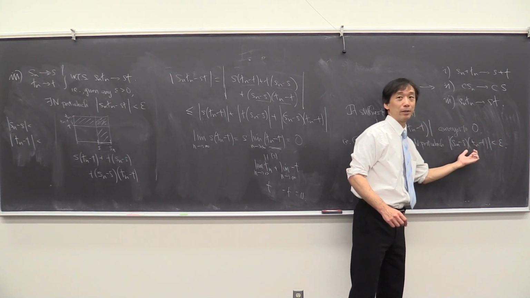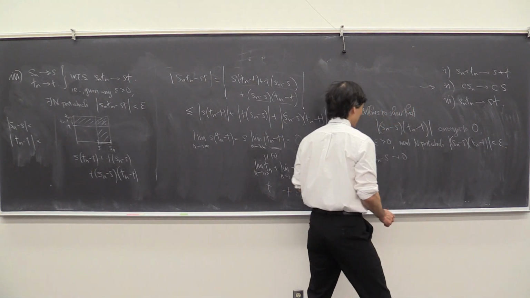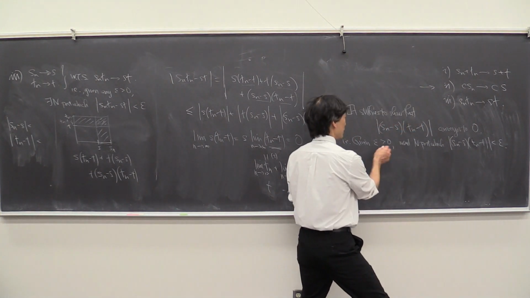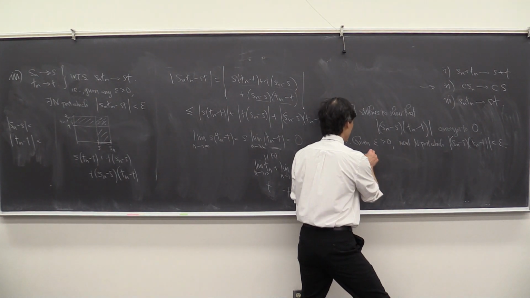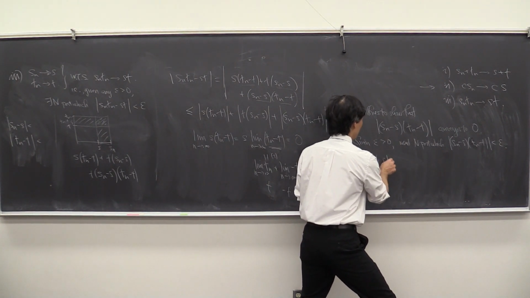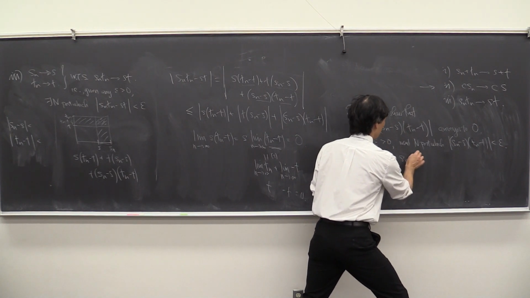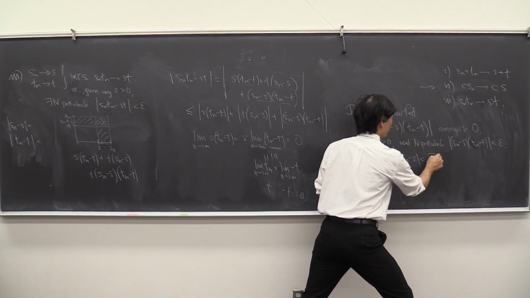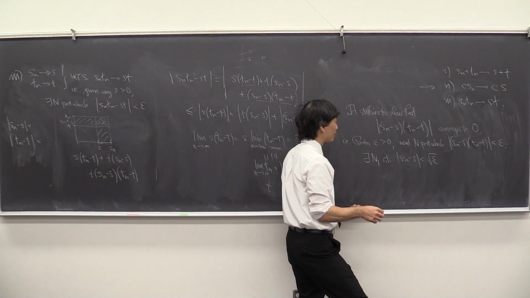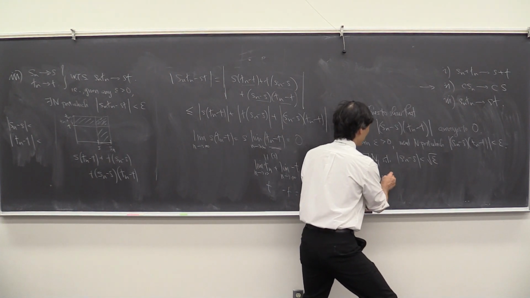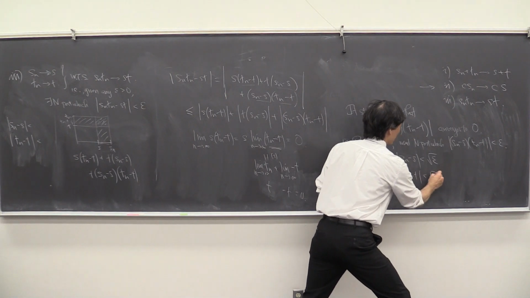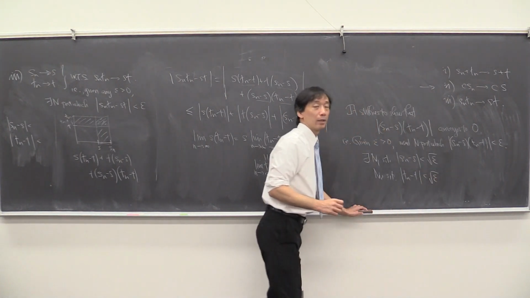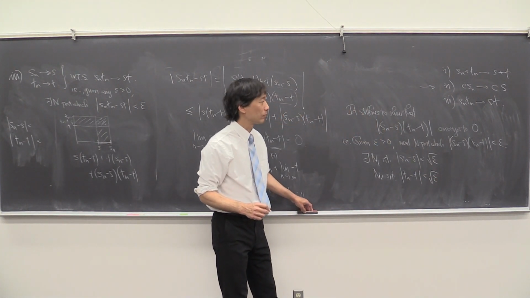So we know there exists an n1 such that this thing is smaller than root epsilon. We know there's an n2 such that this thing is smaller than root epsilon.